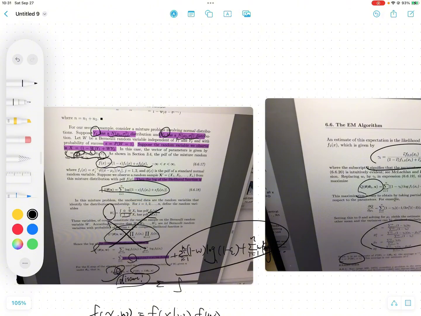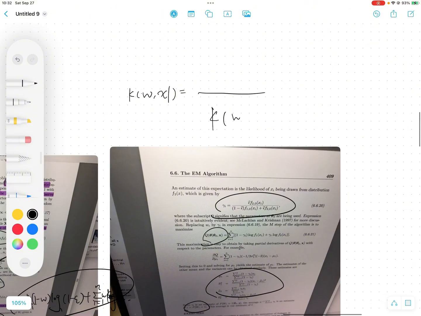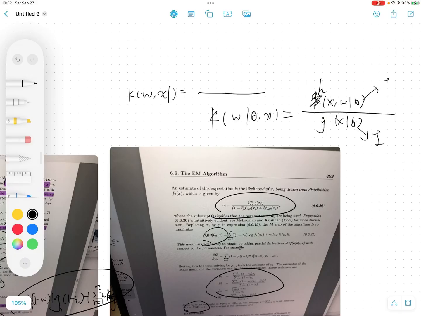In that case, what we want to know is just right here. Take the conditional expectation. It's k(w | x, theta) equals k(x, w | theta) over h and g(x | theta), and this is a likelihood function, and this is a complete likelihood function.